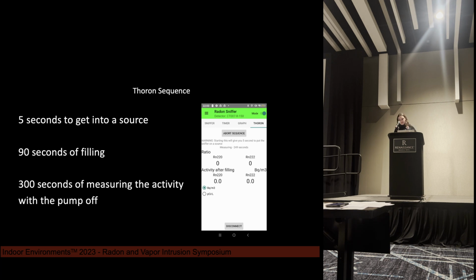When running the sequence, it is important to make sure that there is no source escaping from the cell, because this will cause the count rate to decrease and the sniffer will think there is more thoron than there actually is. There are no valves on our sniffer. This means that you cannot leave the probe in a duct that is blowing or sucking compared to where the sniffer is, or you can pinch the hose to prevent the source from escaping.